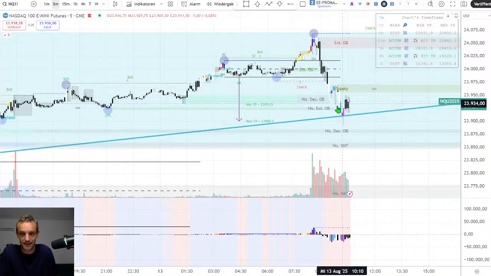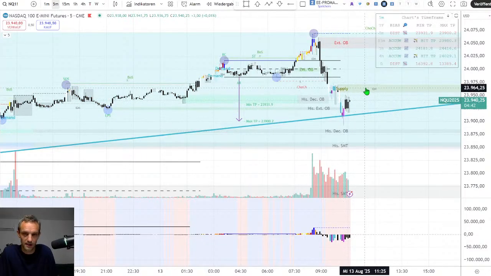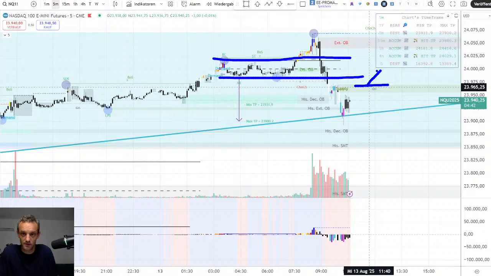Sellers might get exhausted here. And especially if we take out the supply, we will go back to this wabi-sabi range in the middle, maybe at the lower end. And once we are in, as I said, this might be repainted to the upside.